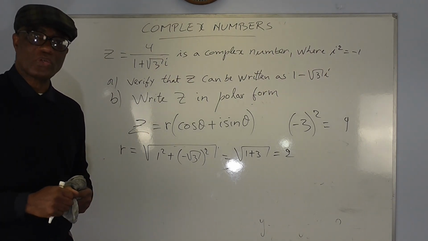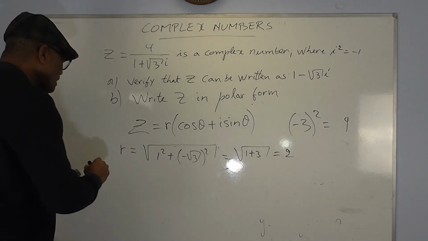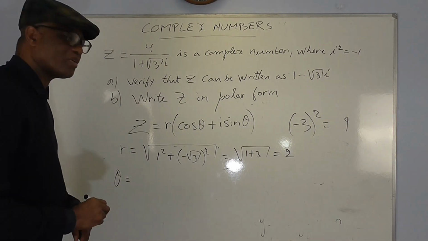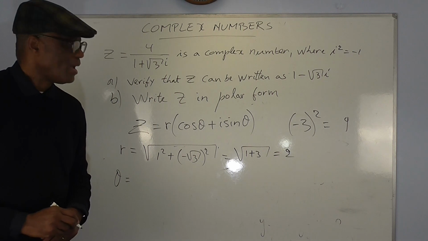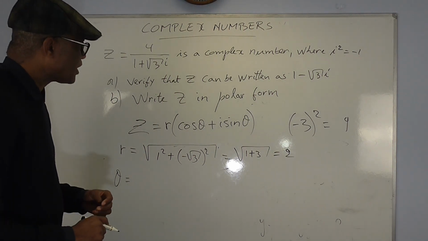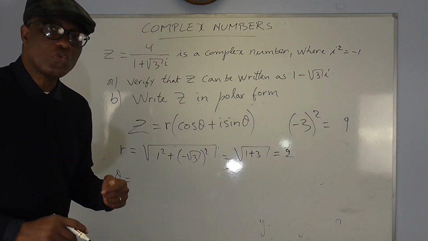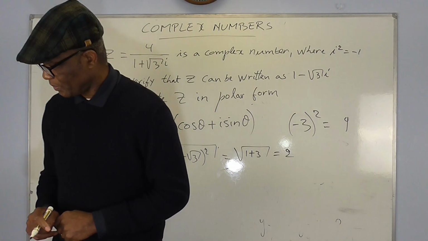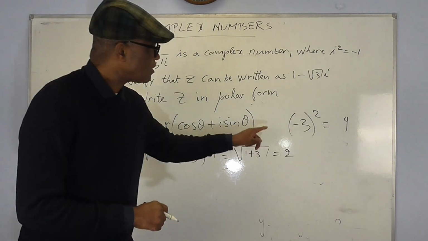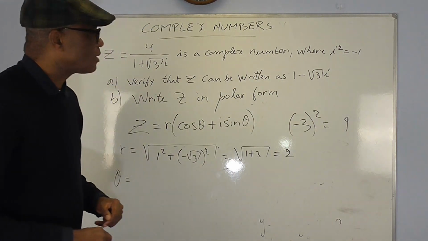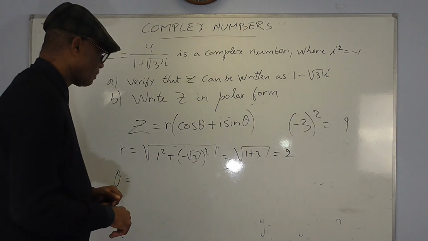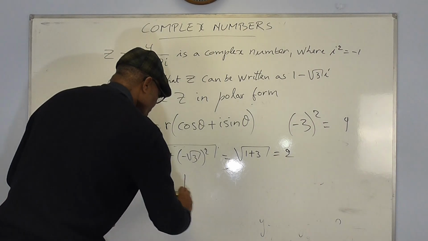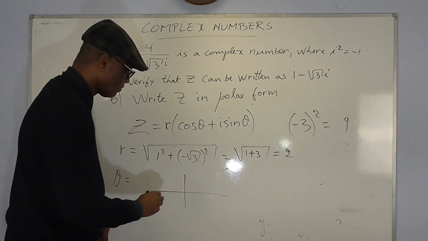As we have the modulus, we need to get the argument. So first, we need to know where our point, the complex number, is located. Now, we have to draw like that.